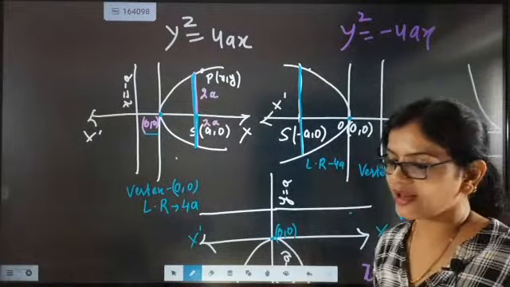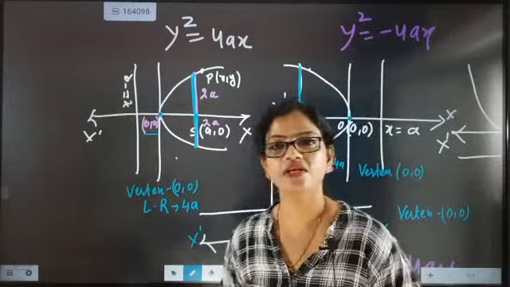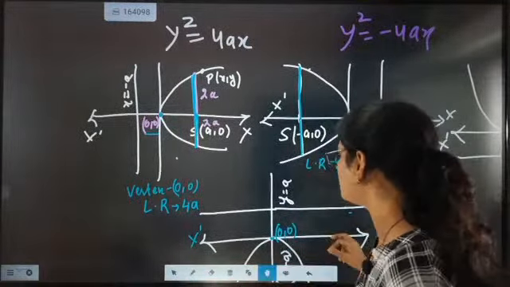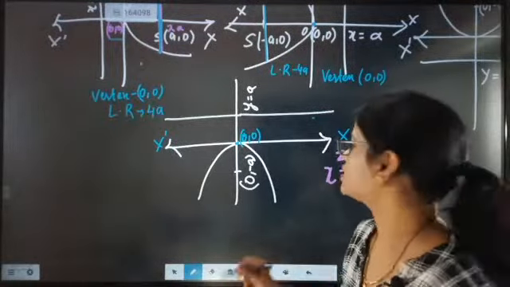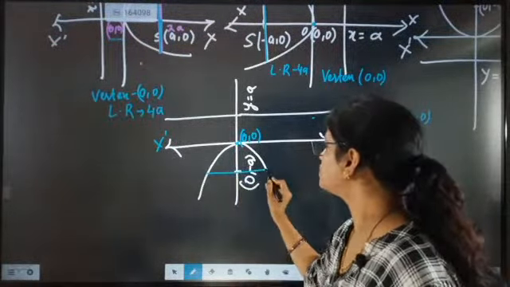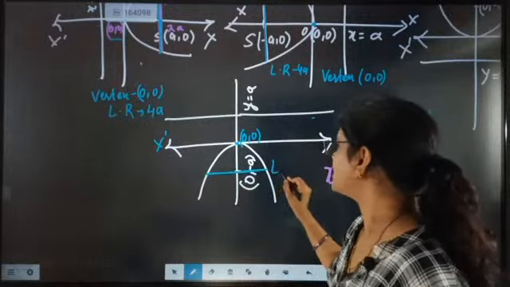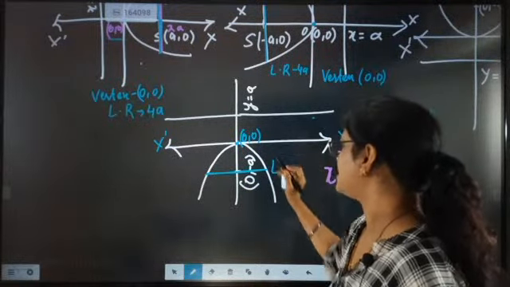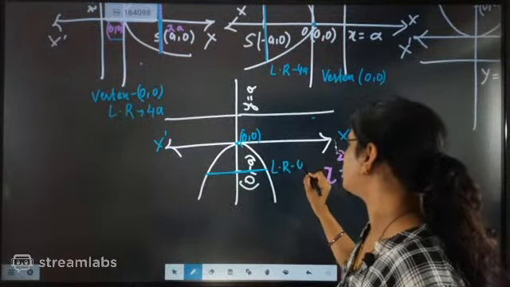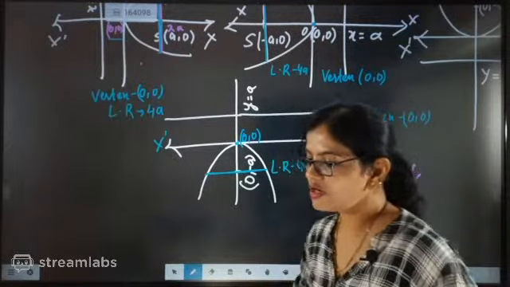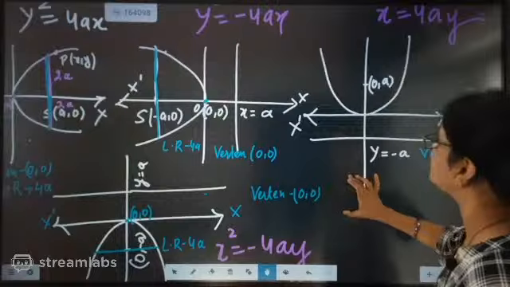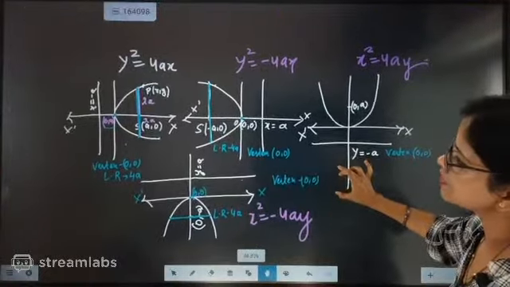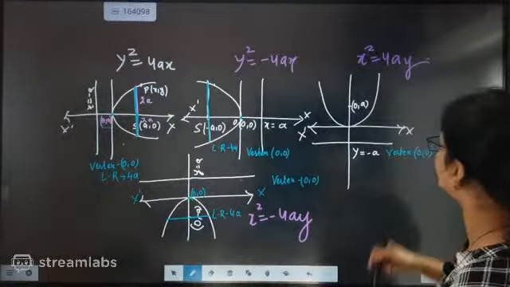So in all the parabolas, the latus rectum is fixed and it is going to be 4a. The length of this will be fixed because it is going to pass through the focus. So since it is passing through the focus, the latus rectum LR is going to be 4a for all different types of parabolas.